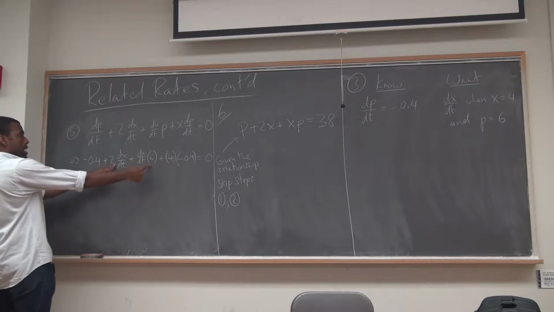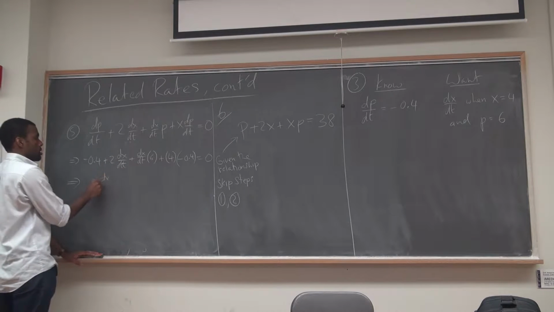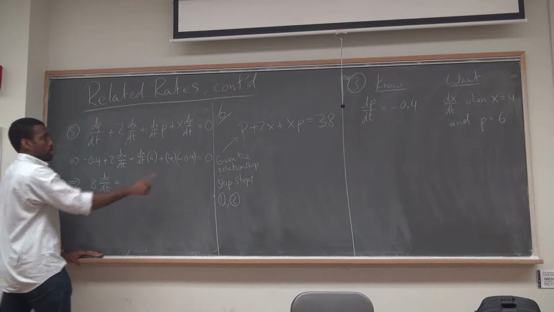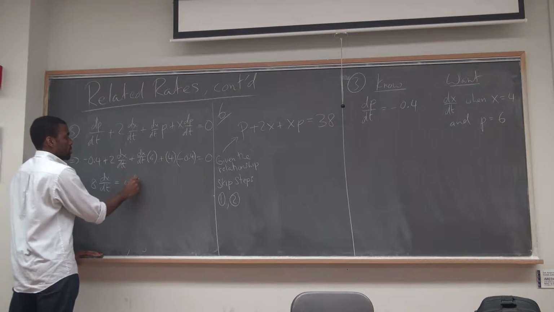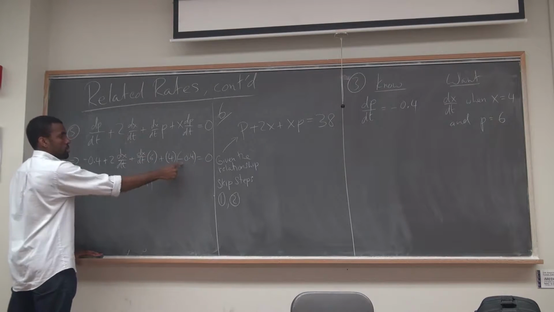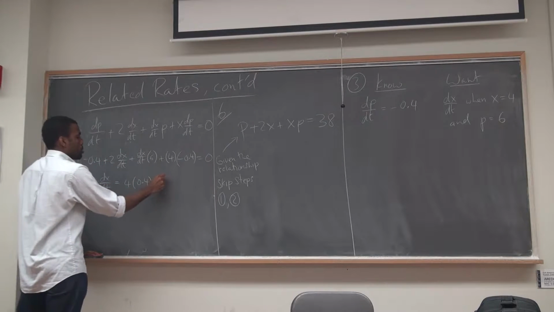On this side, I have 8 dx/dt's. I'm going to bring these over, so 4 times 0.4 becomes positive because that was negative, and bring this over, plus 0.4.